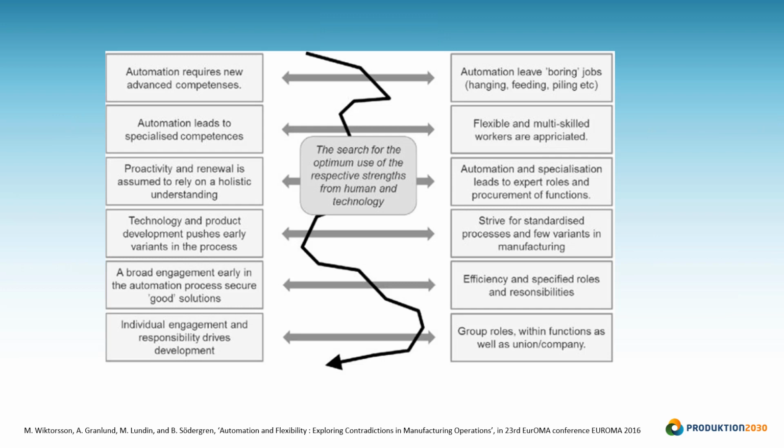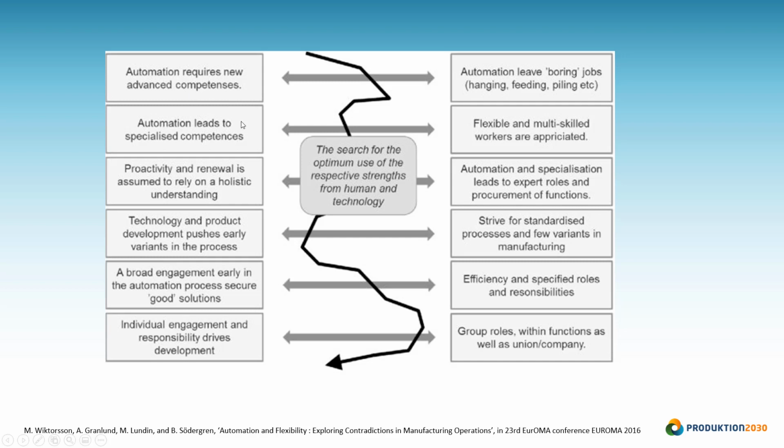As I said before, there is an optimum between human and technology, and this is a paper that was written 4 years ago, but it's quite interesting also for the discussion. They have listed some dilemmas, you can say, or contradictions. Automation requires no advanced competences.